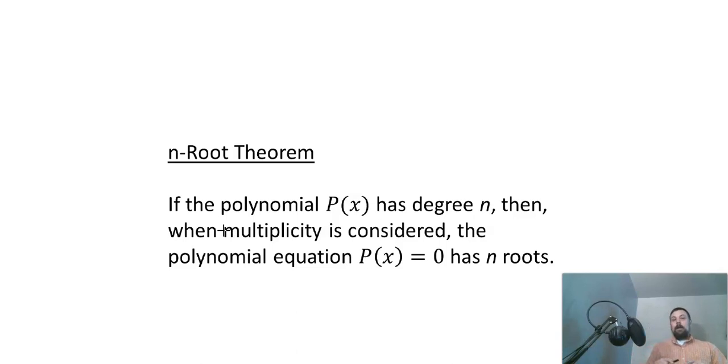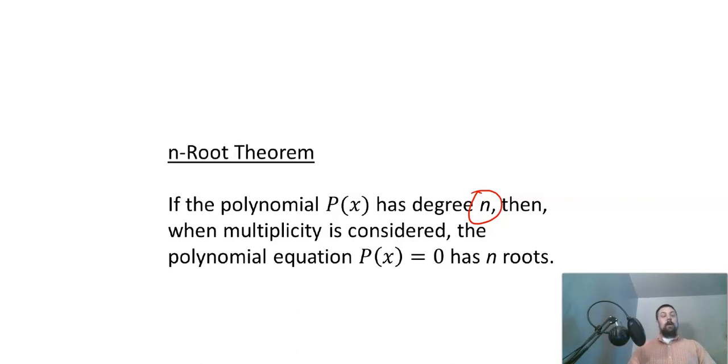What is going to be a little more useful to you when you're actually doing these problems is the n-root theorem. If the polynomial p of x has degree n, right? So we're specifying it. It's equal to n. Then when multiplicity is considered, this is why we had to talk about multiplicity. When you count the repeated values of all the solutions, right? Usually we ignore them, but now we're going to make sure to count them.